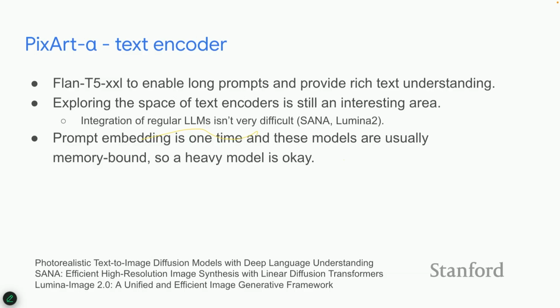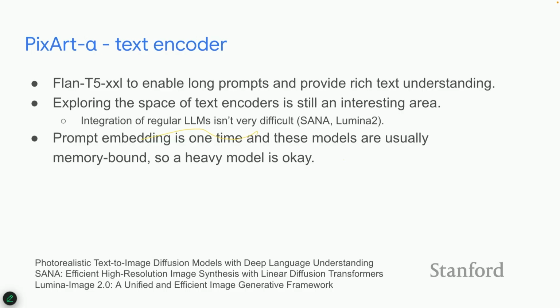And also there's this problem of long prompt following ability, because models like SDXL rely on CLIP for embedding text, and CLIP has a very short context length. I think it's 77. But with T5-XXL, you get a way longer context length. So you basically get to have longer prompts. You get to describe your prompt in a bit more detail.